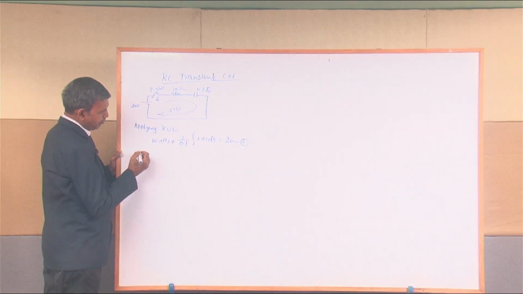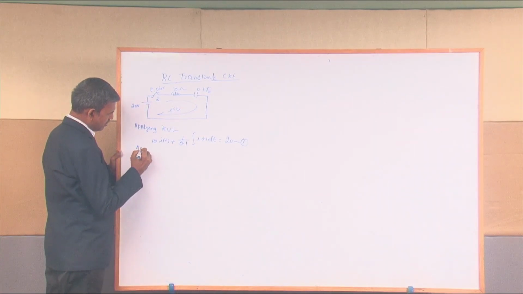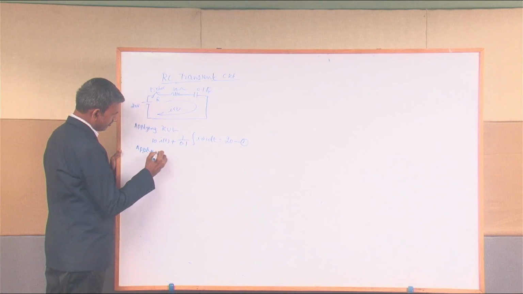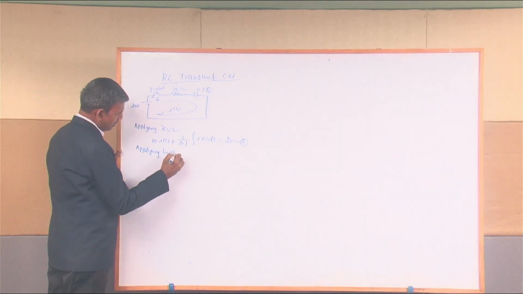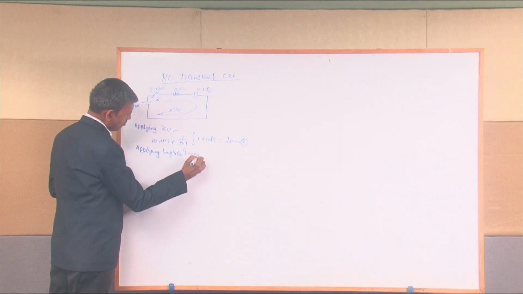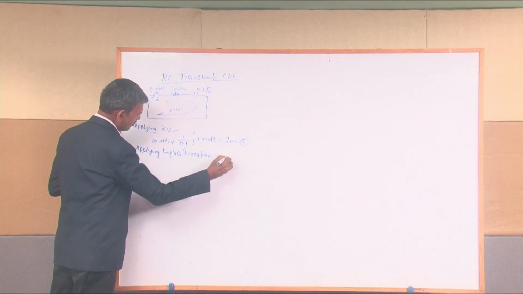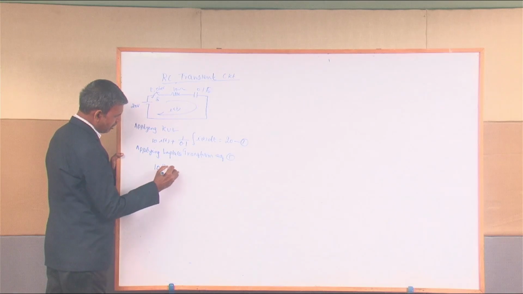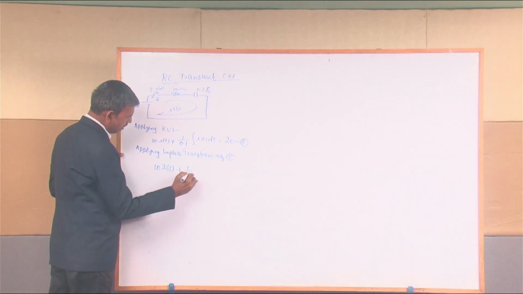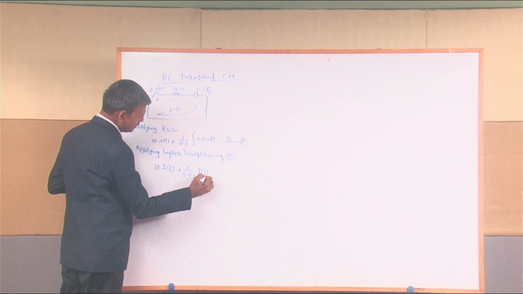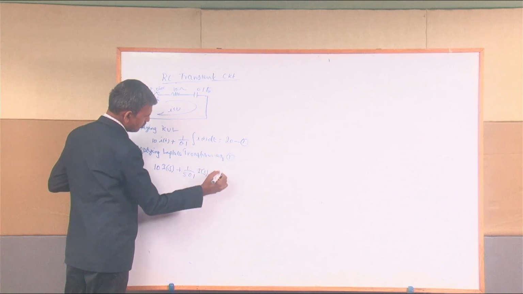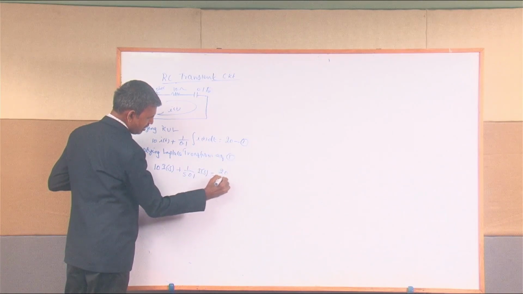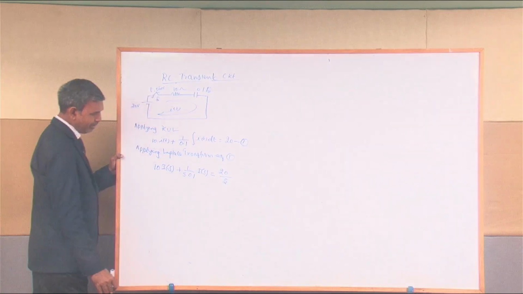Now, we are applying the Laplace transform on equation number 1. So, 10 into I(s) plus 1 divided by, we have an integral part, s into 0.1 into I(s) is equal to, 20 is a constant, so the Laplace transform is 20 divided by s.